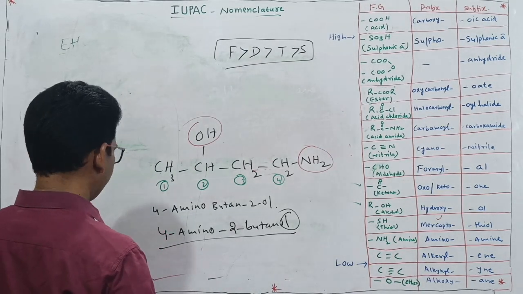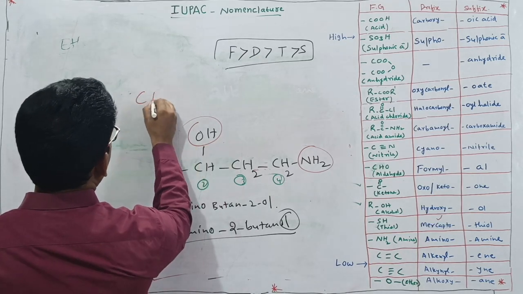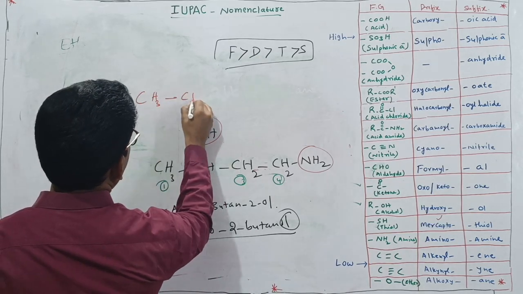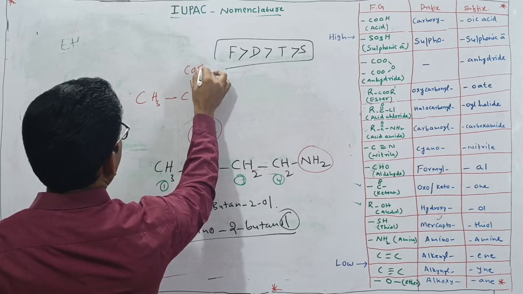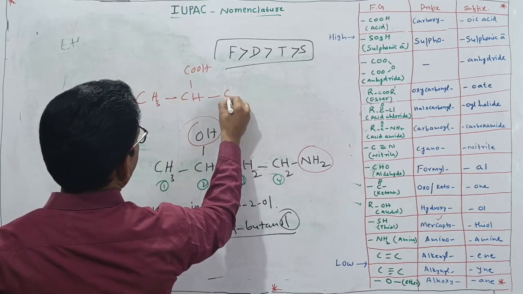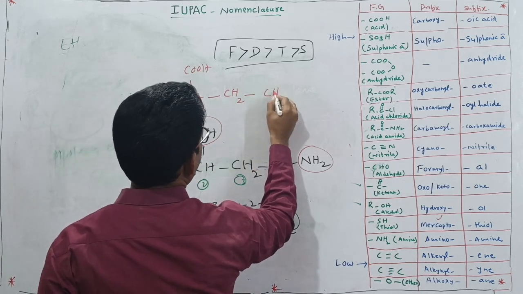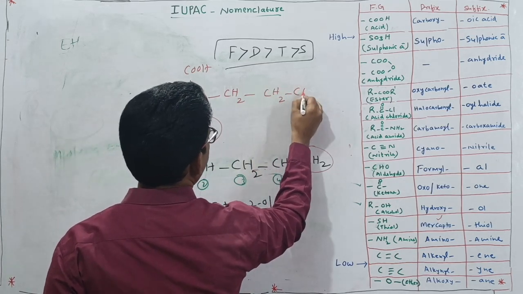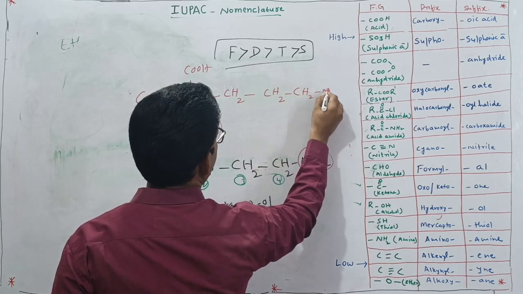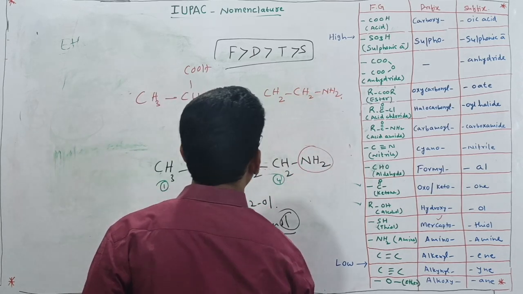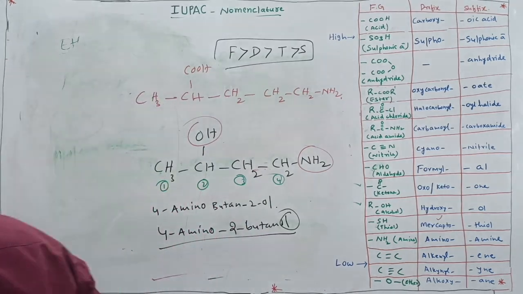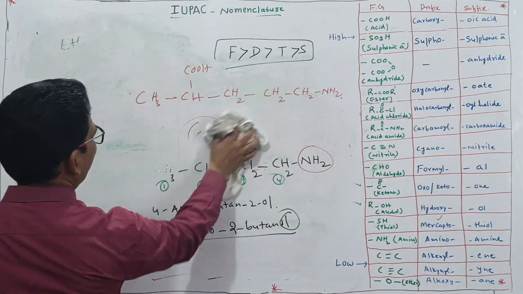For example, instead of OH, the compound is the same. Here an acid group is there. Here CH2 is there. Now how will you give the numbering and how will you give the name for this one?